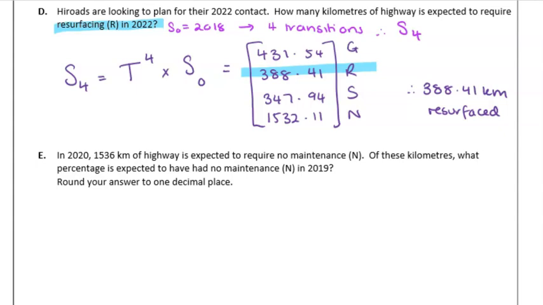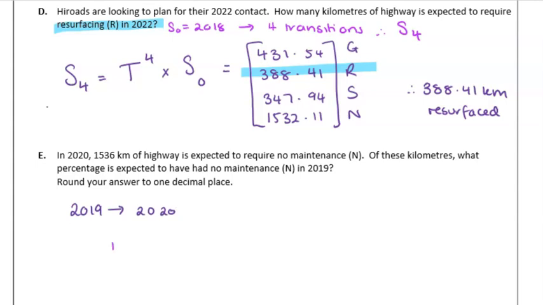Okay, the final part, part E. In 2020, 1,536 kilometres of highways is expected to require no maintenance. Of these kilometres, what percentage is expected to have had no maintenance in 2019? First we need to think about what's happening to get from 2019 to 2020 in terms of our no maintenance.